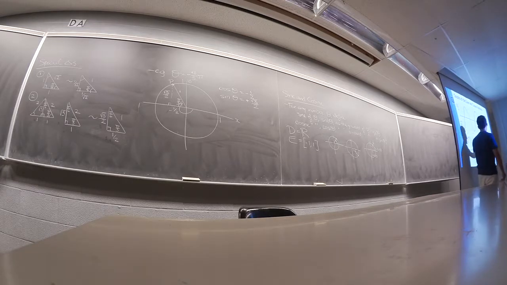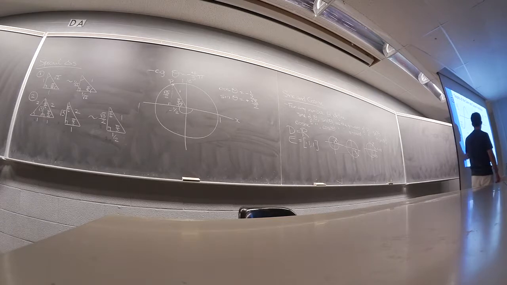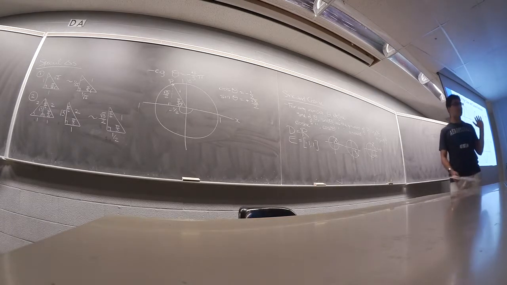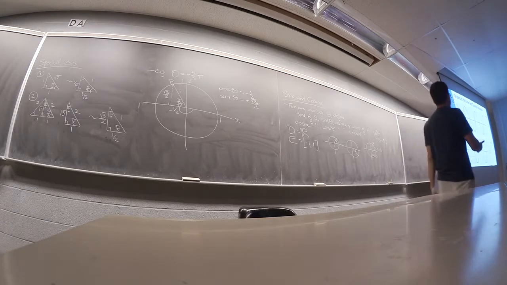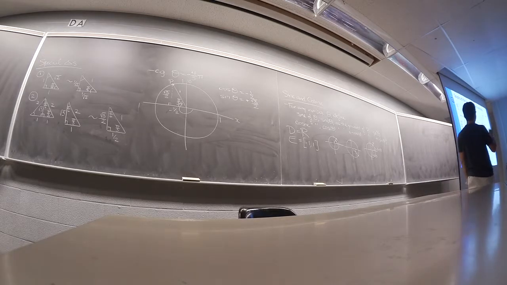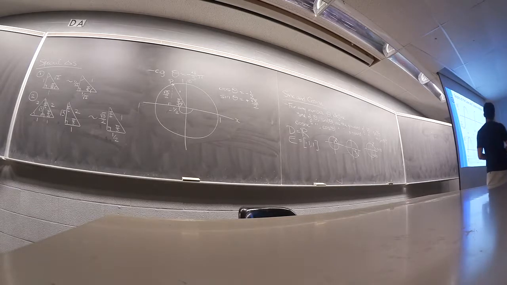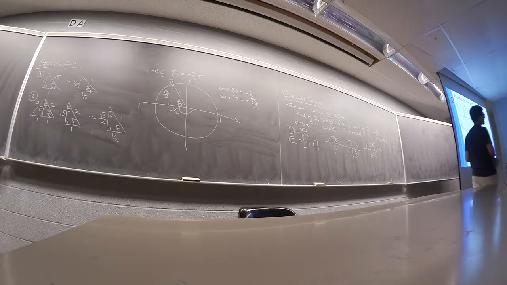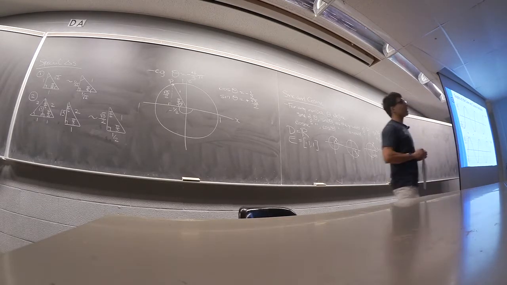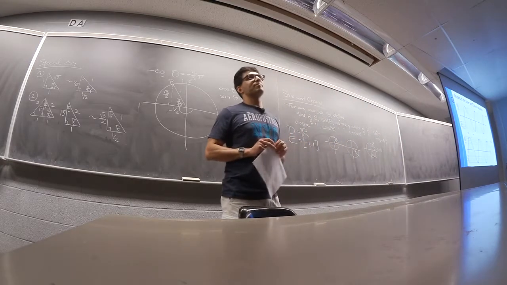And pi over 2 minus pi, pi over 2 minus 2 pi, pi over 2 minus 3 pi, and so on. So again, zeros of sine are at k times pi, k an integer, and zeros of cosine are at pi over 2 plus pi times k, k an integer. Does that make sense?